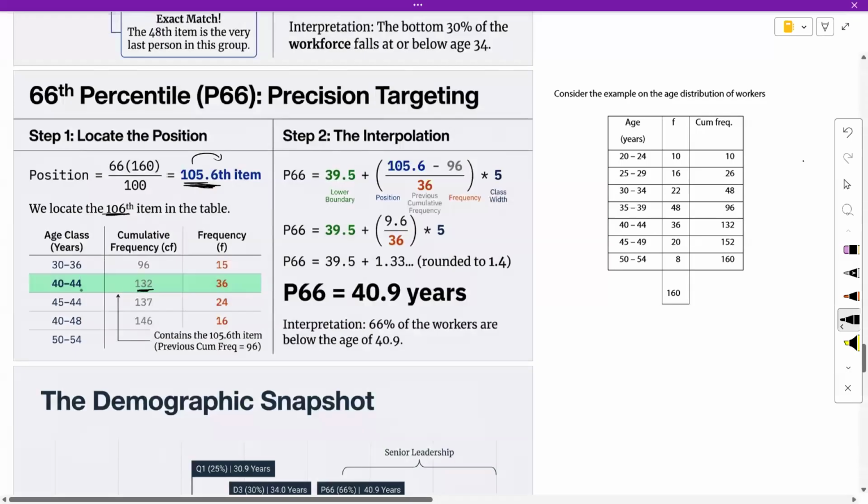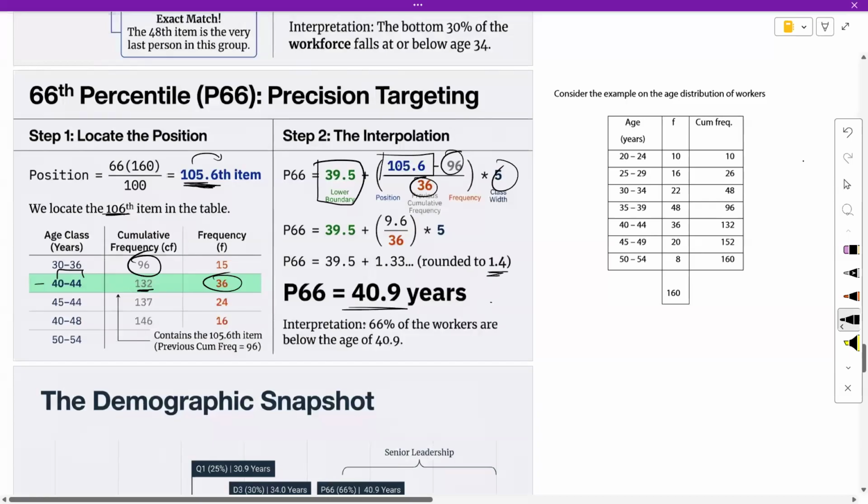Cumulative frequency here, therefore the lower boundary is 39.5. Here the position is 105.6, the cumulative frequency before is here, the frequency of the class is 36, and the class width is 5. When you solve this, it's rounded to 1.4, and it's almost right, 40.9, 40.8.